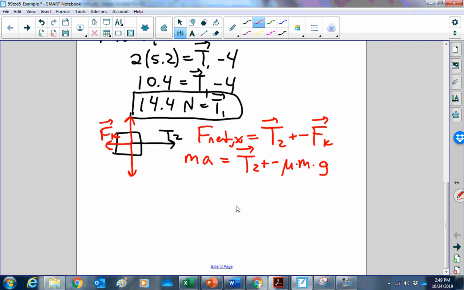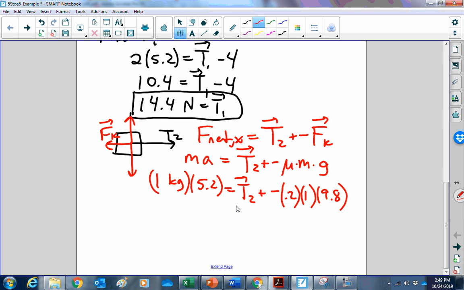This mass is 1 kg, I know the acceleration, that's the same for every single block, and then I've got 0.2 times 1 times 9.8.